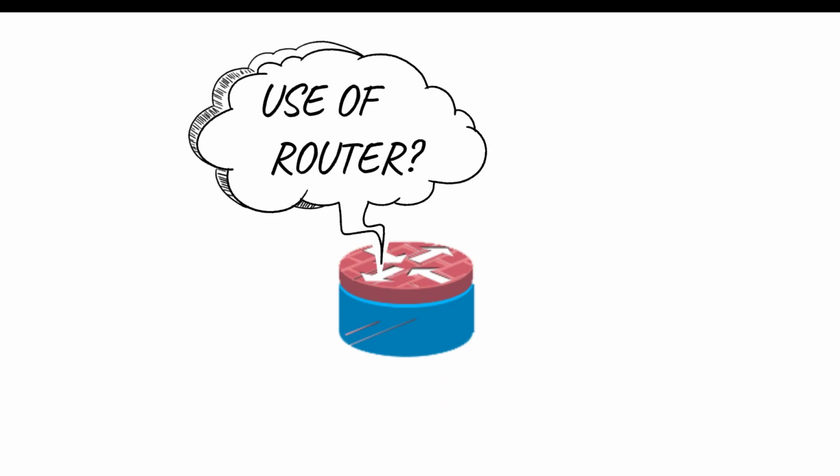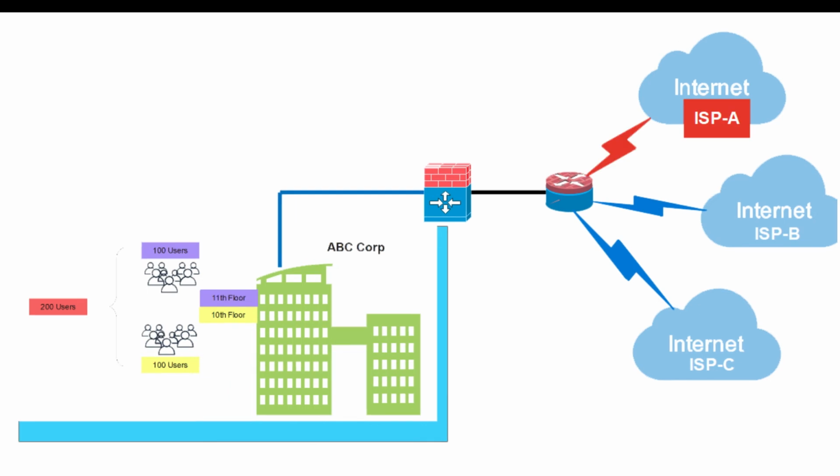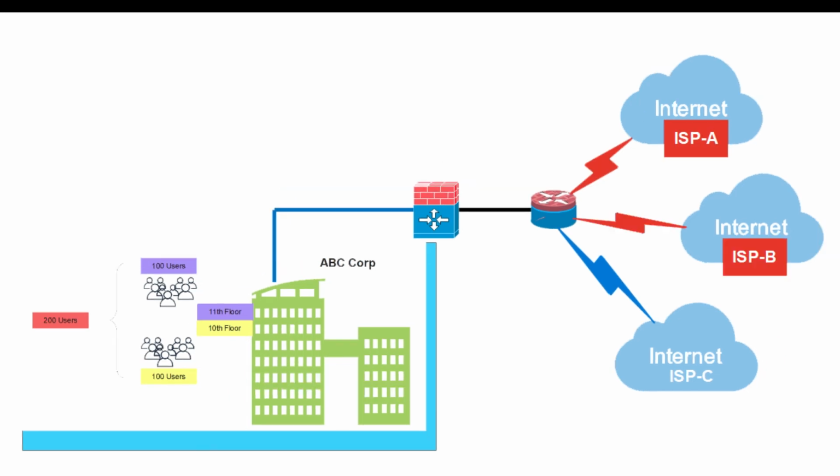Well, if you are a large enterprise company and you may have multiple ISPs coming in, for example ISP A, B and C, then on the router you can manipulate the route so that if ISP A goes down, the route should go via ISP B, and if ISP B also goes down, the route should go via ISP C. That can be manipulated easily on the router by using a routing protocol like BGP.